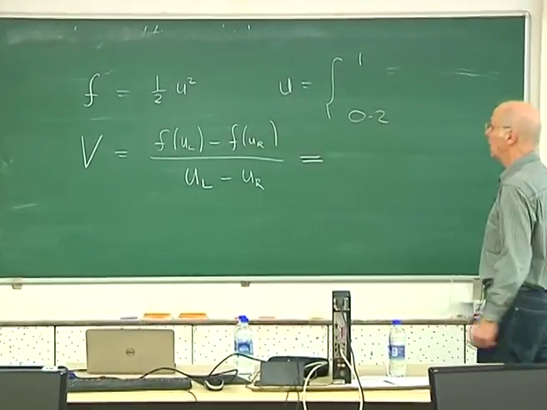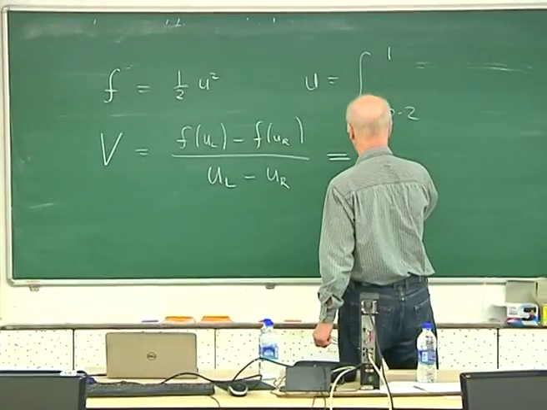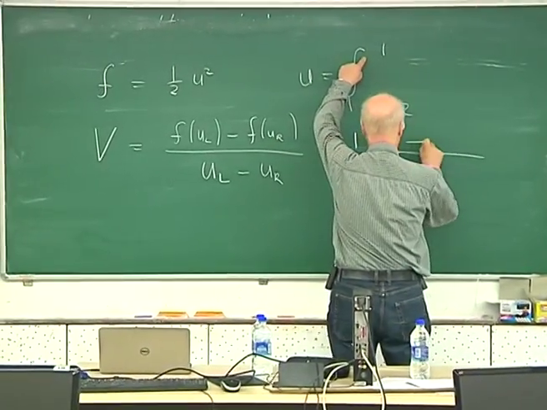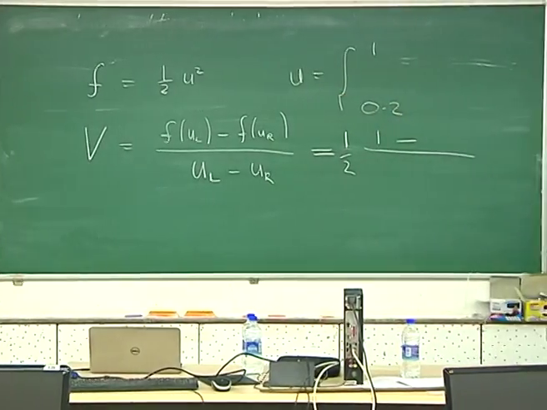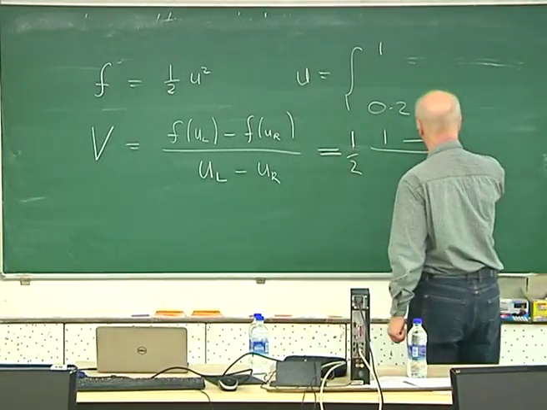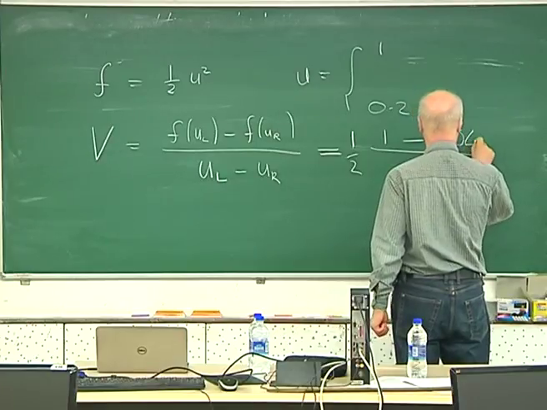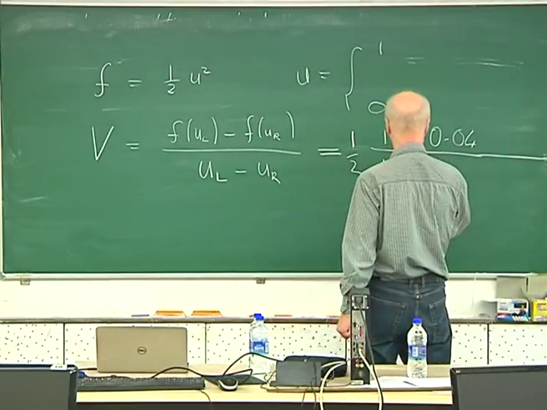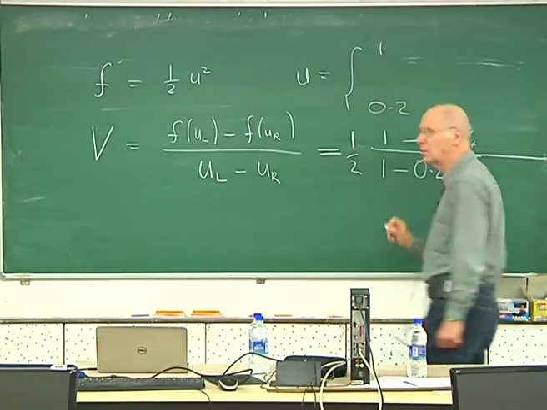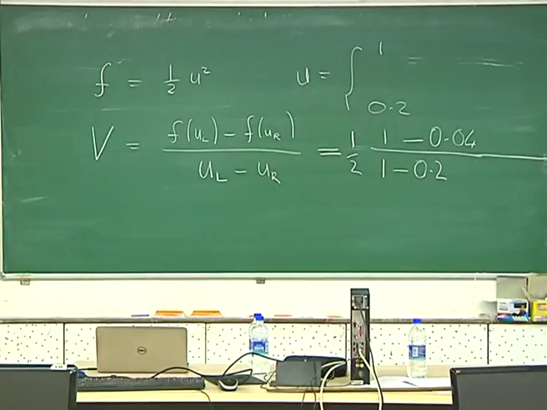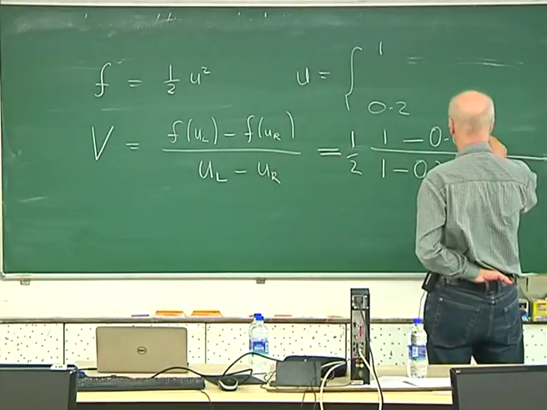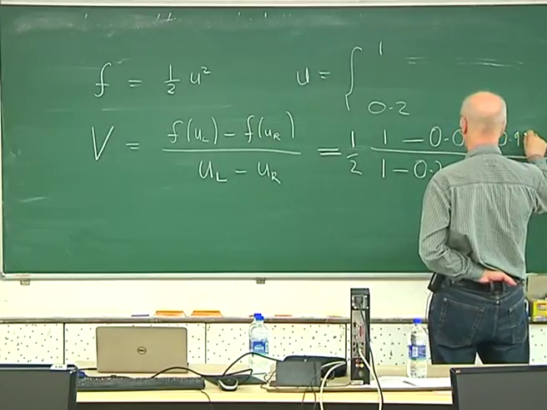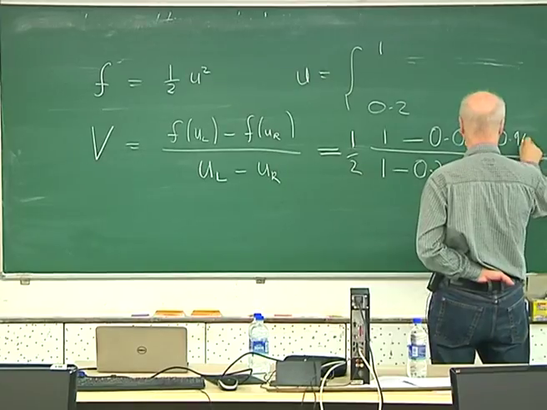Ready? So there's a half. Let's leave that outside altogether. That's easy. What is 1 squared? I can do that. Minus 0.02 squared. That's a little more difficult. I think that's 0.04. And then I've got 1 minus 0.2. Big breath. This looks like 0.9. This is going wrong at the moment, isn't it? Sorry?